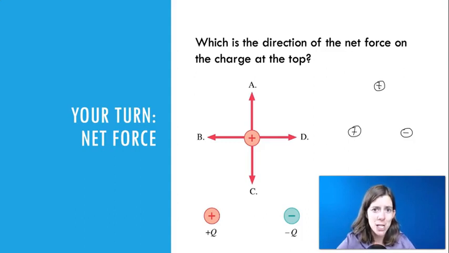These two positive charges will repel each other, so you can imagine a straight line in between them, and then that repelling force is going to be along that line, but it's going to be repelled, so it goes to the right and up. And then the positive and the negative charges will be attracted to each other because they're opposite charges. So you can again imagine the line joining the two charges, and then the force is going to be along that line. So we have two forces acting on this top charge.